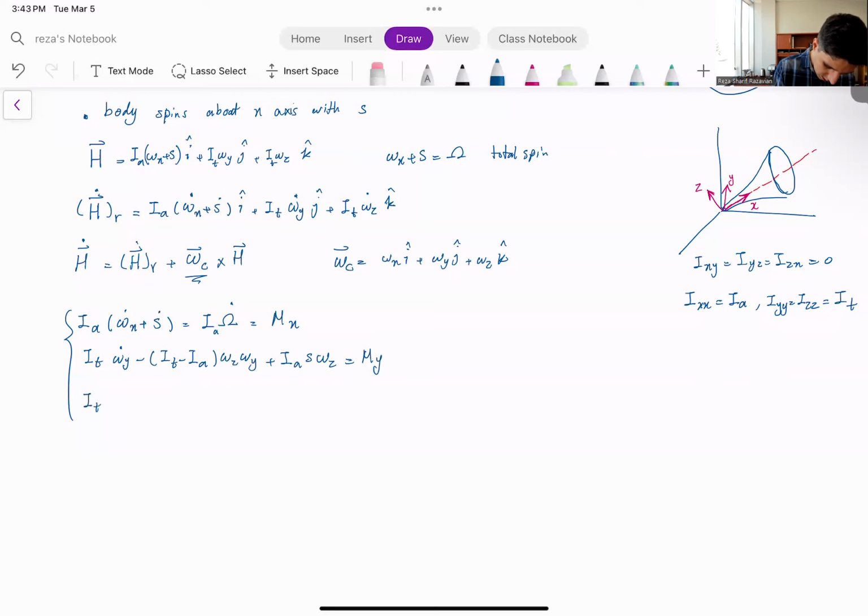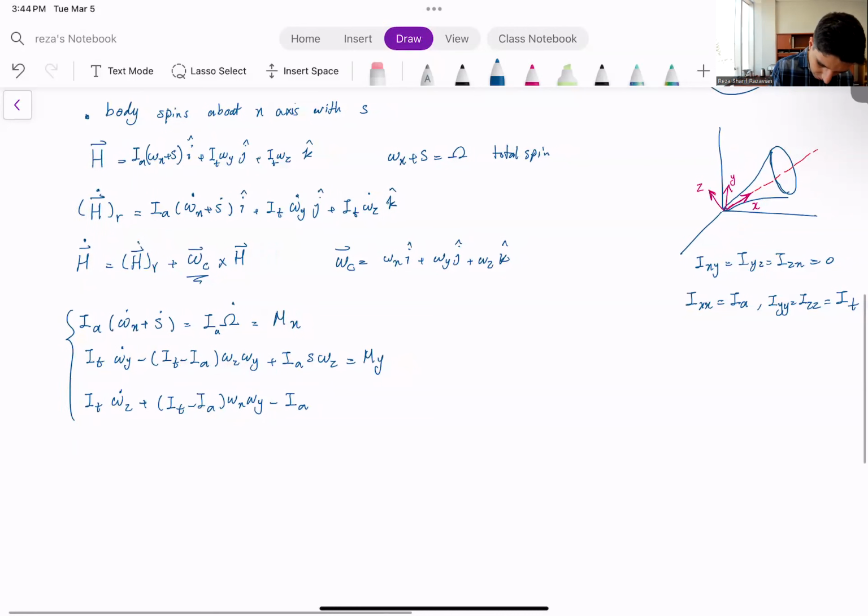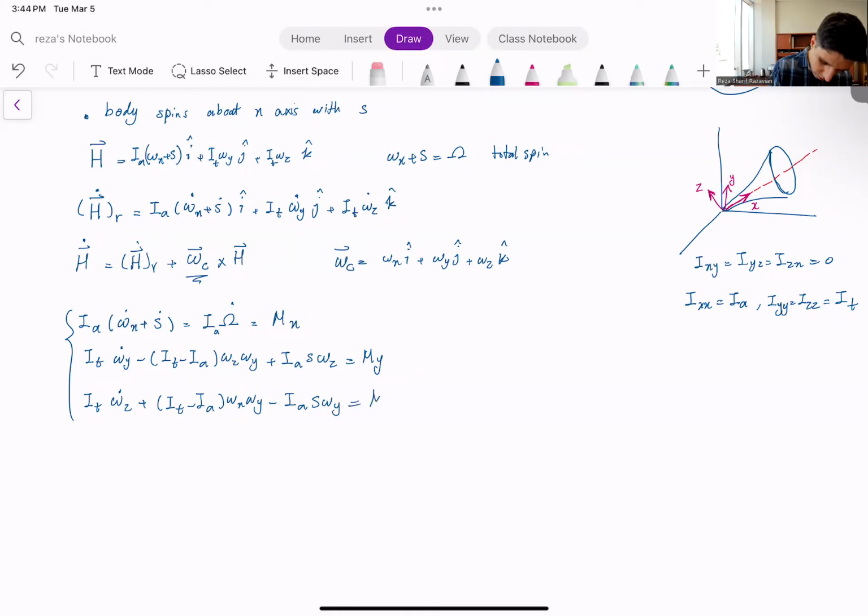And IT omega dot z plus (IT minus IA) omega x omega y, is that minus? Yeah, minus IA s omega y, yes, I hope so, equals Mz.